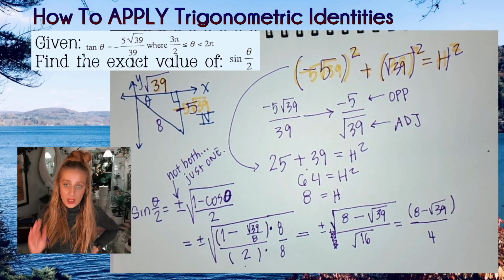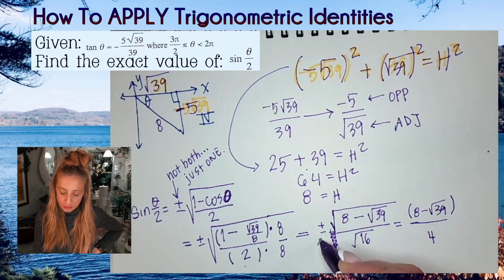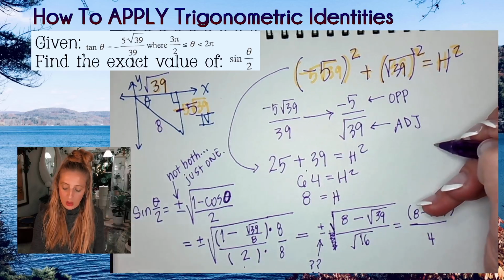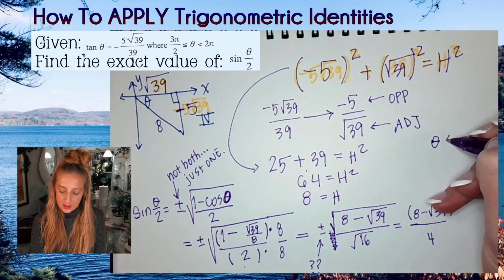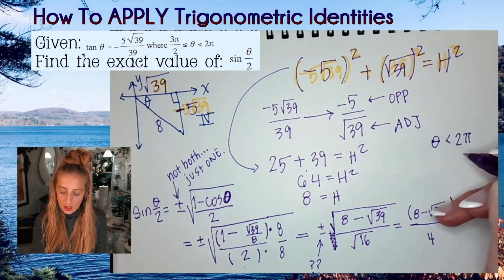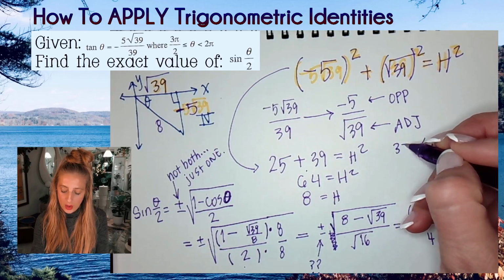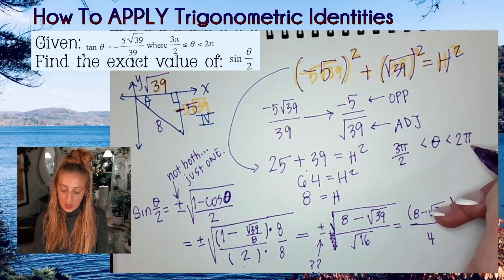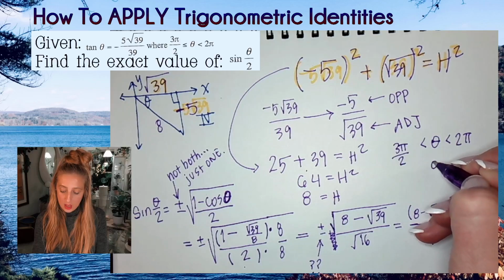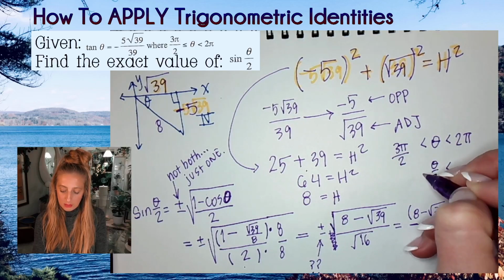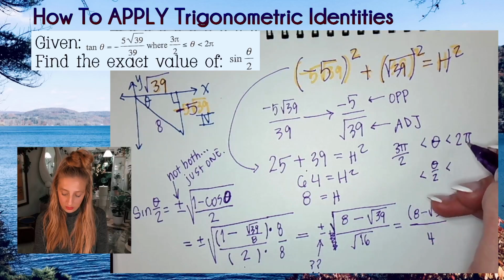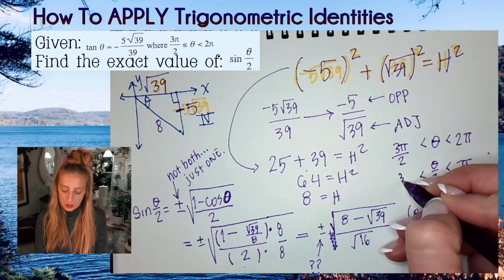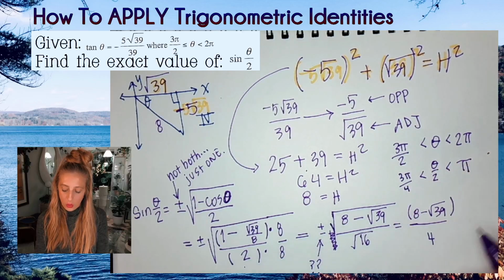Now, is it plus or is it minus? Which one? How do we figure it out? Go back to what theta is. Theta is less than 2 pi, but greater than 3 pi over 2. It's between 3 pi over 2 and 2 pi. If that's the case, then what is half of theta between? Well, divide everyone by 2. It's between pi and half of this, 3 pi over 4.